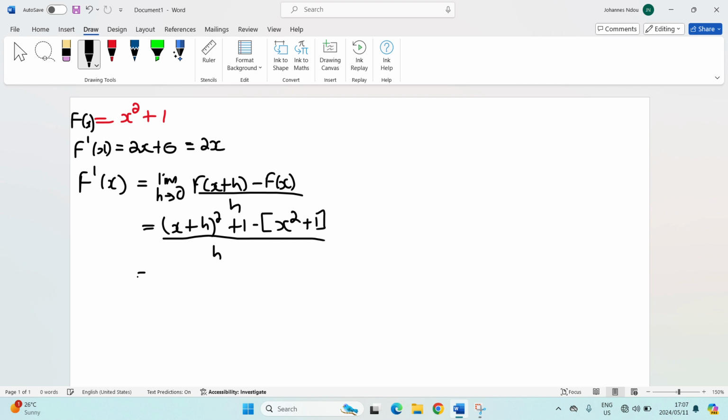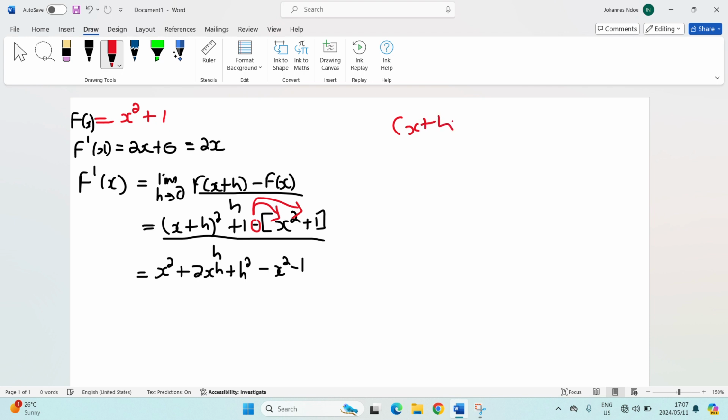Now let's FOIL this bracket. I'm going to have x squared plus 2xh plus h squared, and then subtract x squared, and then minus 1. I distribute this negative sign to all the terms inside this bracket. And if you don't understand how I might have gotten this expansion, you can use the FOIL method.